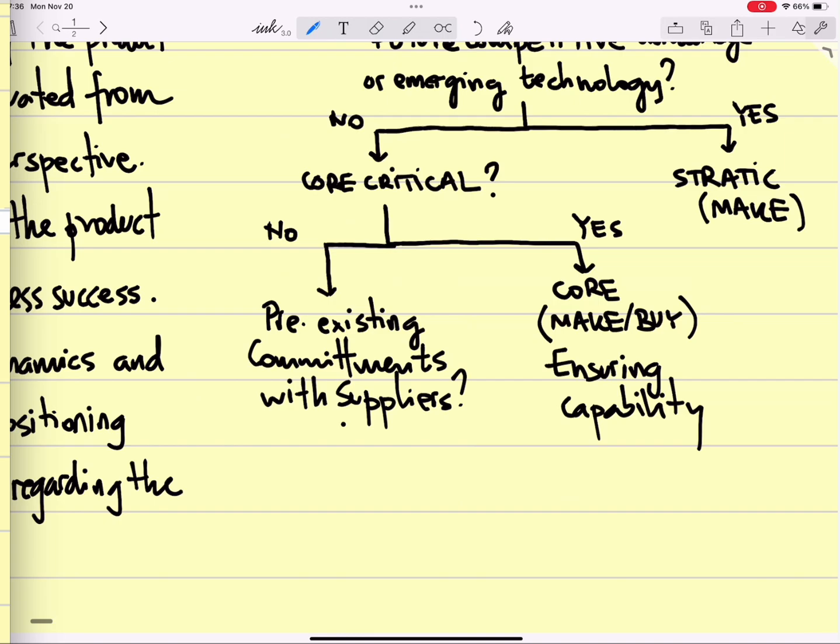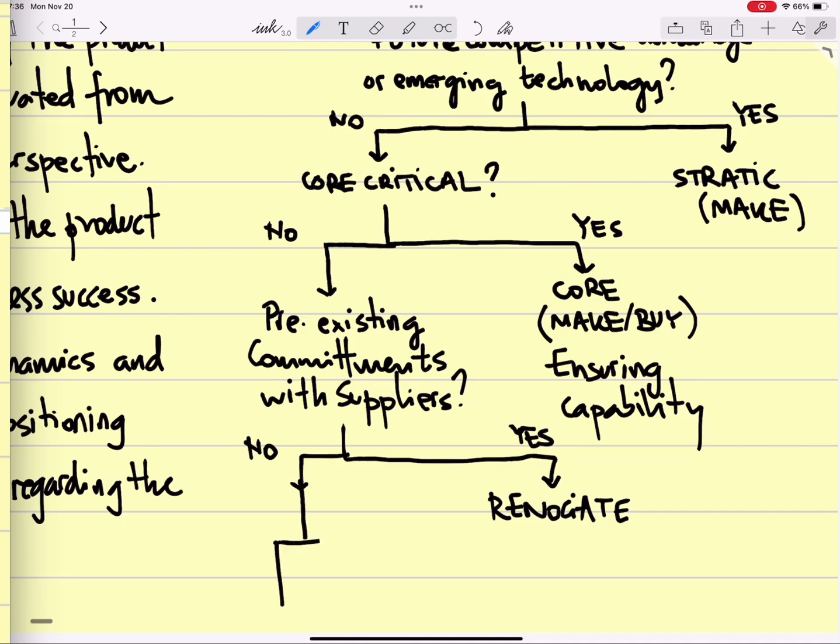If the answer is yes, we can renegotiate. If the answer is no, then in both cases, it usually is best to outsource or buy.